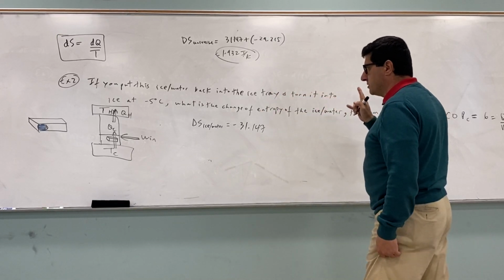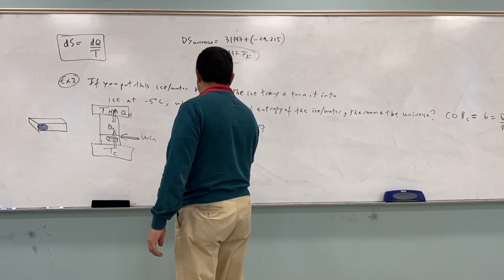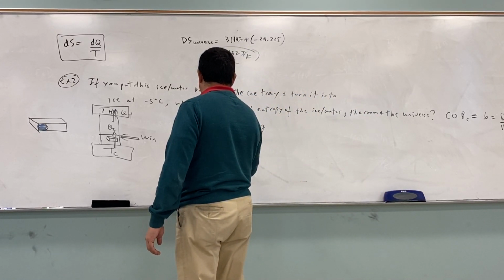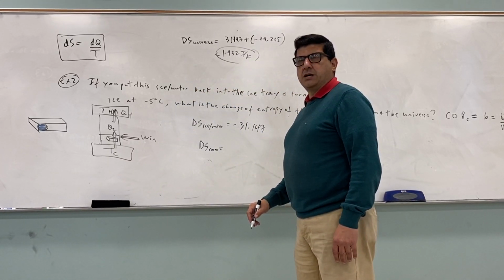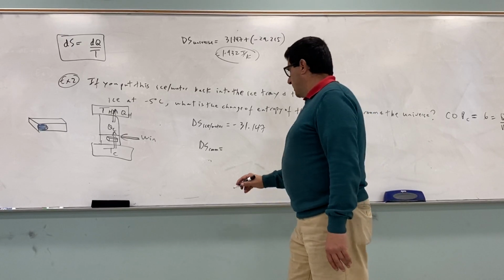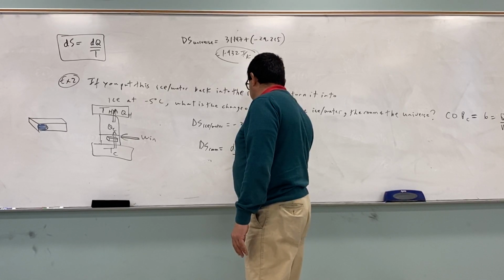Okay, so now I have to calculate the change in entropy of the room. To do that, I need how much heat I'm dumping into the room divided by the temperature of the room.